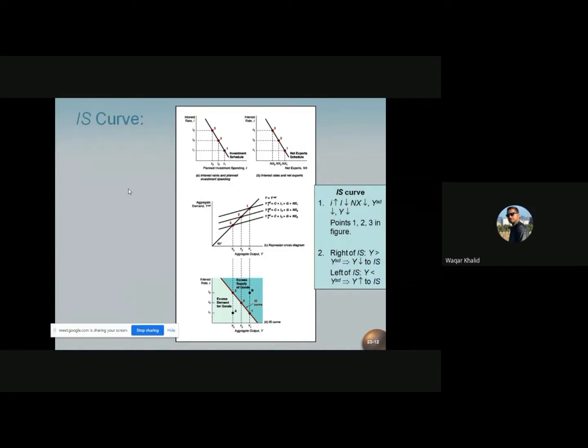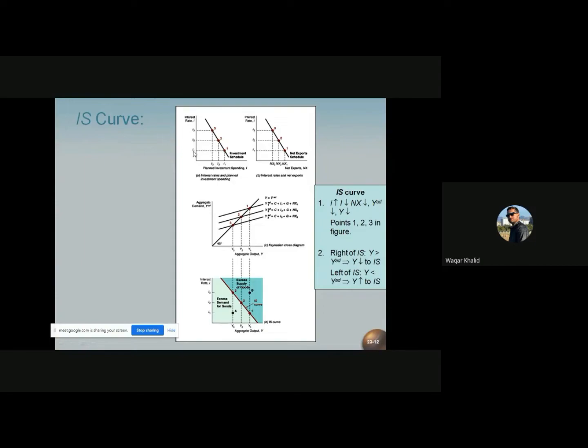So we will shift from Y2 AD to Y3 AD, and we will move from point 2 to point 3. Now look at the aggregate output level, that is, how the change in the interest rate affects the aggregate output level. So very simple.